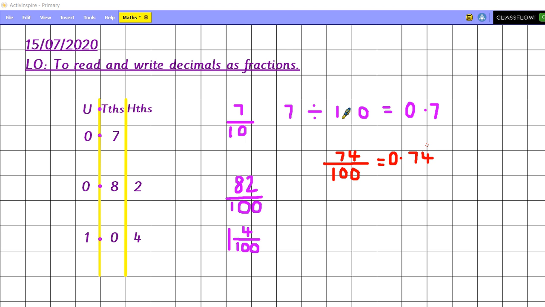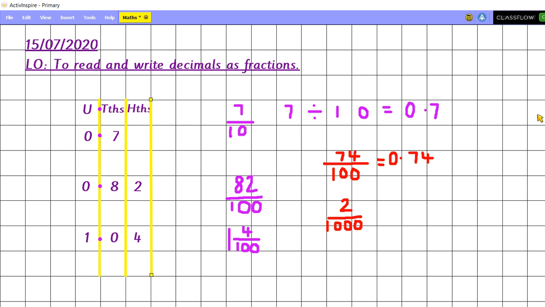Okay. If I had, let me go with 2. This is a trickier one. 2 over 1,000. Okay. So now, if we look back at my place value chart here, then I have got this is the next column, okay?